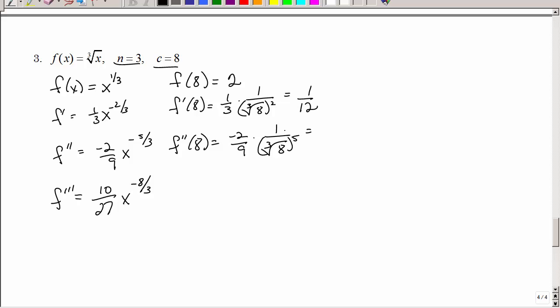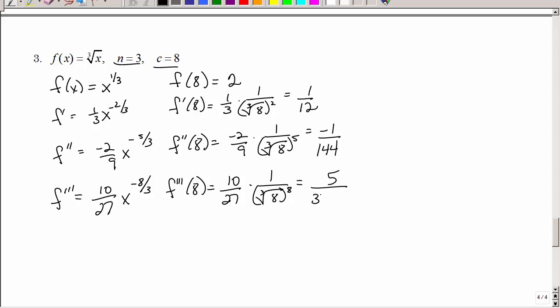And now I'm reaching for my calculator, and that's going to be negative 1 over 144. Then the third derivative is 10/27 times 1 over the cube root of 8 to the 8th power. Again, reaching for the calculator, and if I punch that in right, that's 5 divided by 3,456. Yuck.